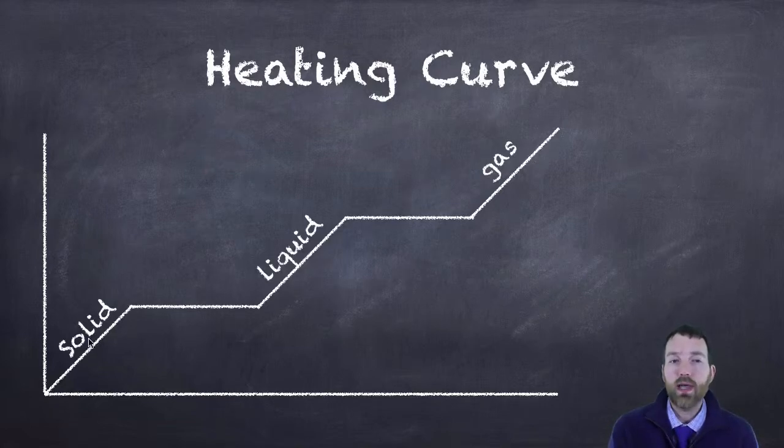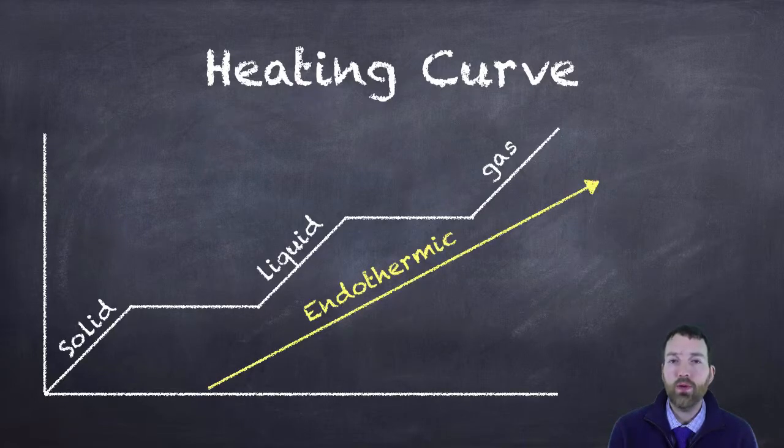So, of course, it takes energy to be absorbed into the solid to start increasing the motion, the kinetic energy of those particles until they start melting into a liquid. And then the liquids need to absorb energy to boil into a gas. So anything going uphill is an endothermic or an energy absorbing process.